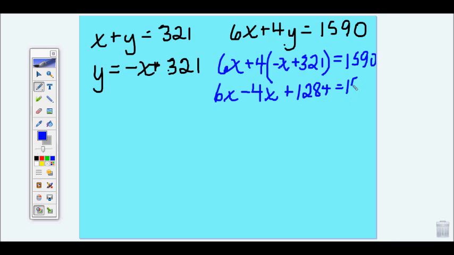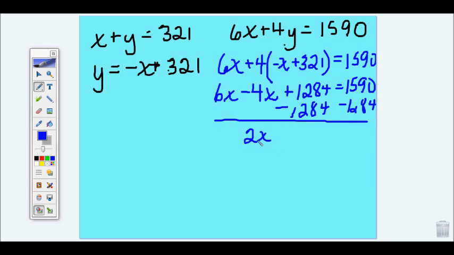And that equals 1,590. Now I can combine my terms. Let's go ahead and get rid of my constant. Maybe doing it this way is going to help a little bit. 6x minus 4x gives me 2x on the side. And my 1,590 minus my 1,284 gives me 306.